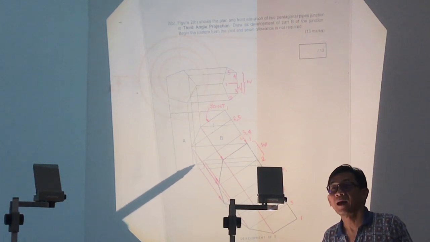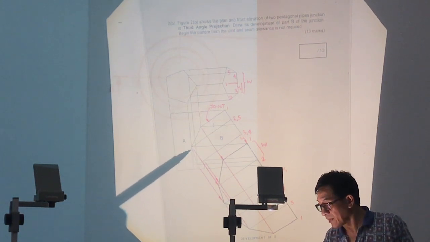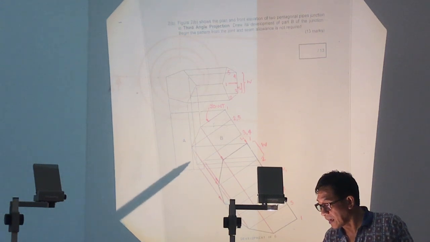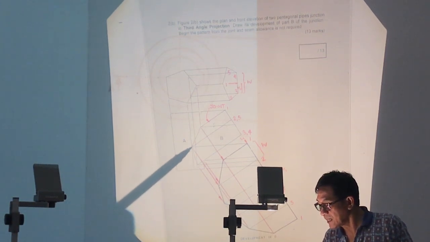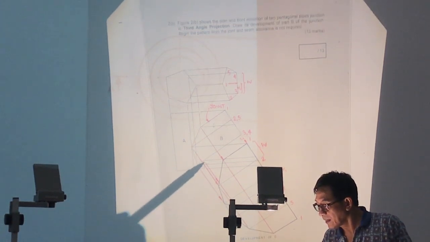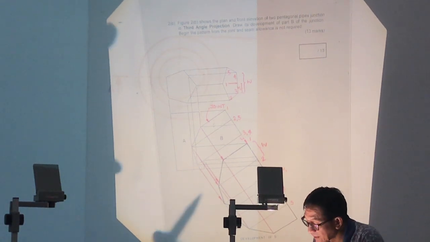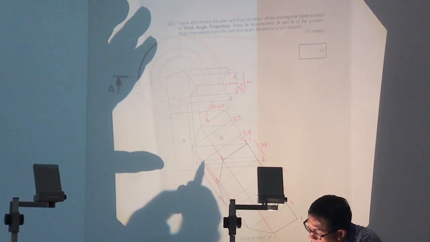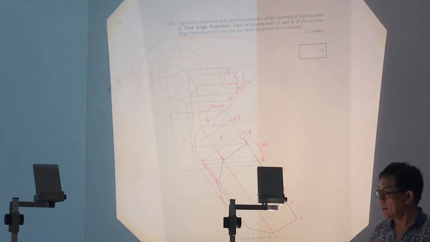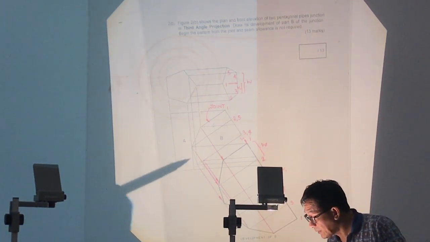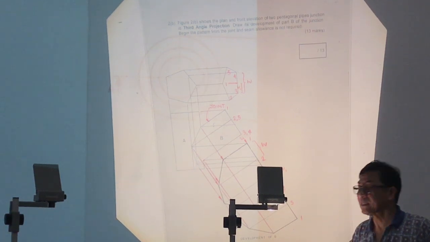There. Can you see here? From here and from here. Can you see? Here. This point. That point there. Can you see that point there?